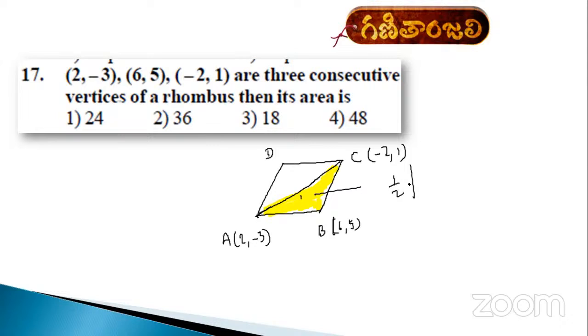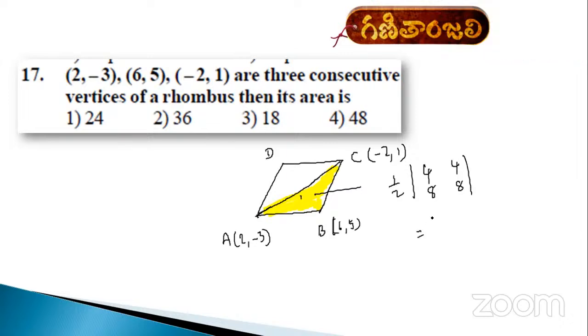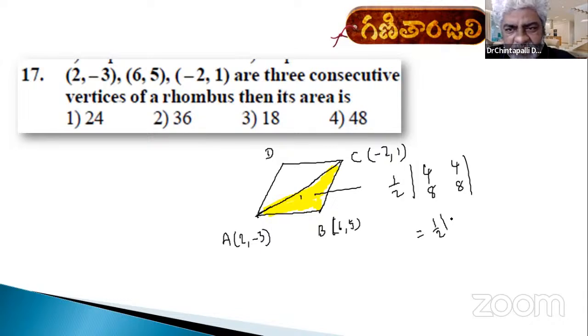Then 6 minus 2, that's 4. Then 5 minus 1, 4. 5 plus 3, 8. Half times 32 minus 32, that's 0? No, something went wrong.